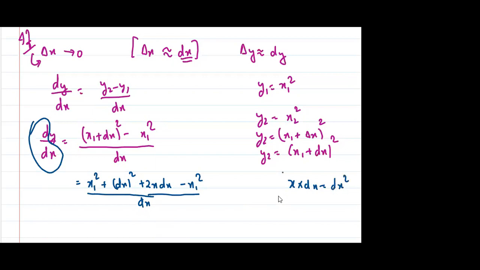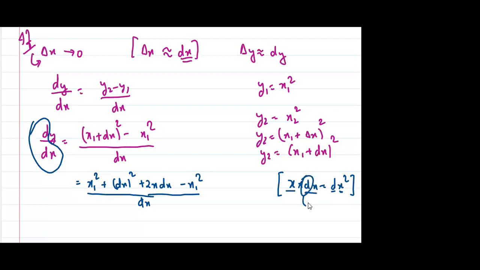Can I write like this? Yes or no? No, sir. Obviously not, sir, because x is the value, dx is the change, right? And if you write it as the change in x square, d is not a variable.